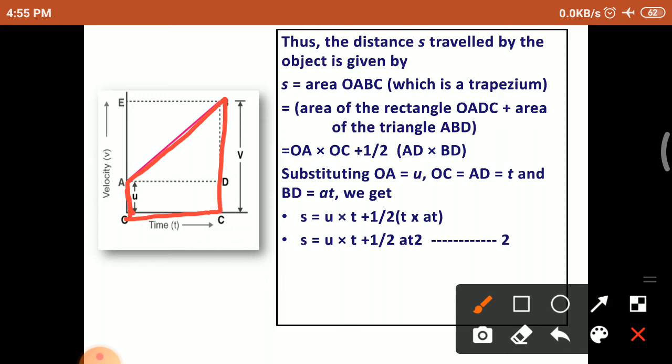This is a trapezium and it contains a triangle and a rectangle. So we have to substitute the area of the rectangle and the area of the triangle. From that we can calculate the second equation of motion, S equal to UT plus half AT squared.